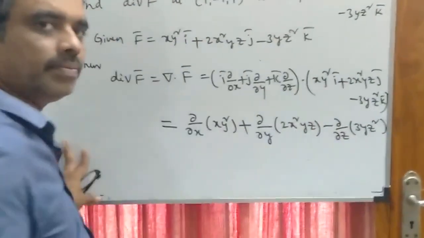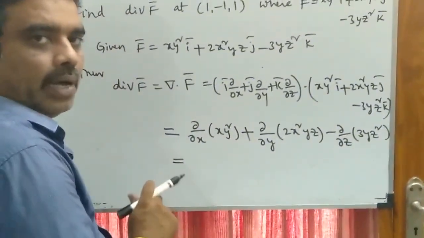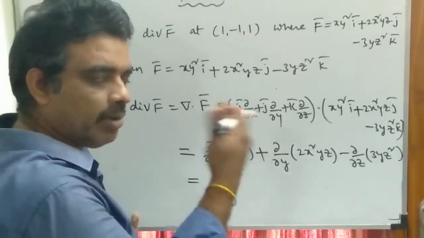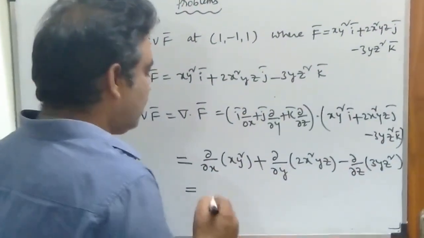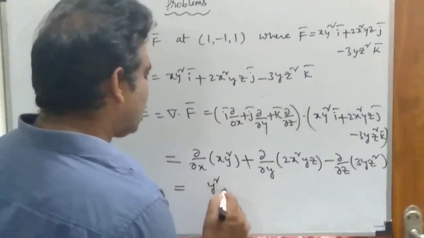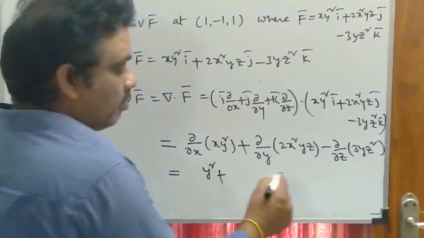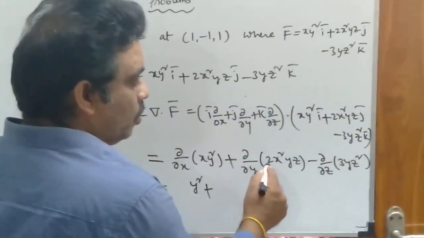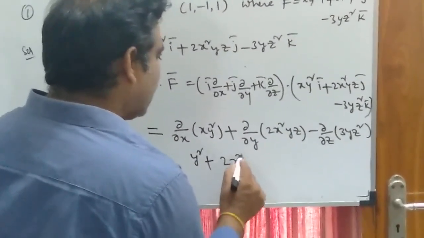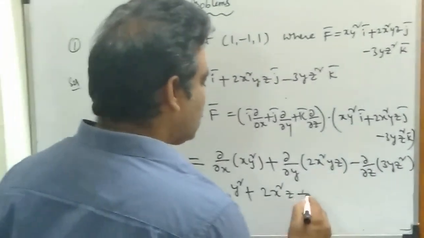3yz square. So now these are the partial derivatives. When we are doing partial derivative with respect to x, y we treat as constant, similarly z also treat as constant. So with respect to x, x becomes 1, the value y square, plus dou by dou y of the entire term, y will become 1, 2x square z treat as constants, so 2x square z, minus the last term.